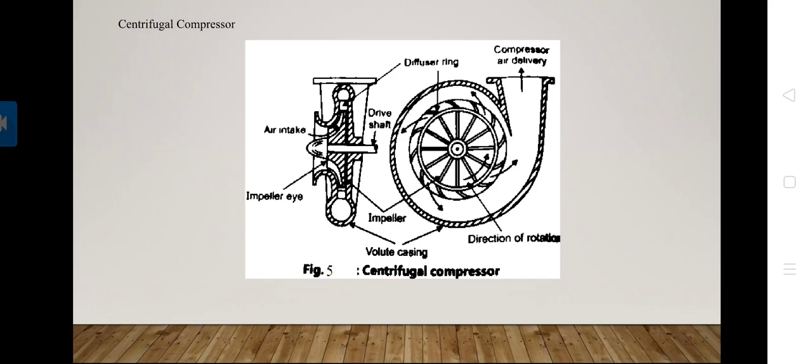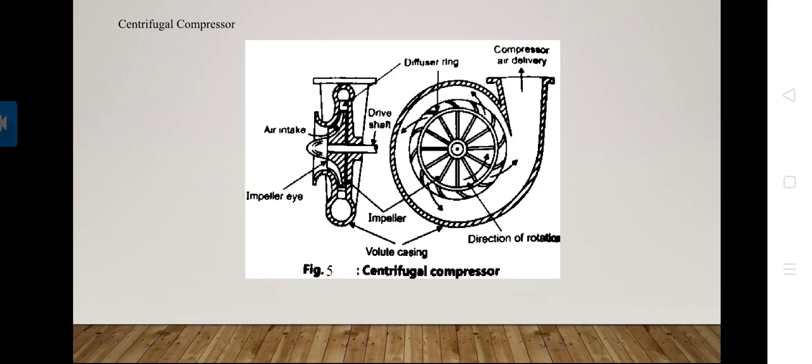Atmospheric air is sucked in at the center of the impeller, which is called the eye, and a diffuser ring around the impeller is provided with diffuser vanes. In the diffuser vanes, the kinetic energy of the air changes into pressure energy, and the volute casing also provides a diffuser passage for the further build-up of the air pressure.